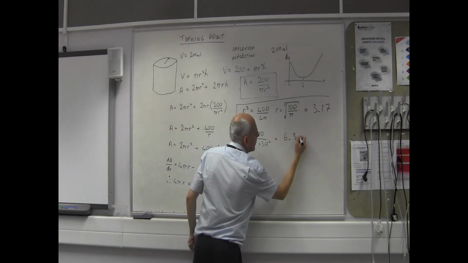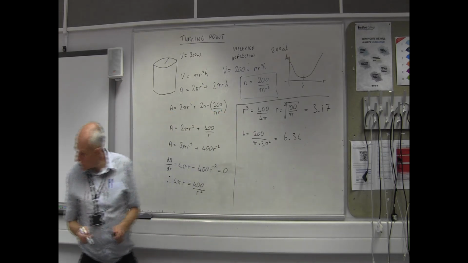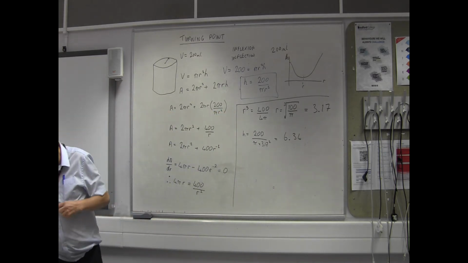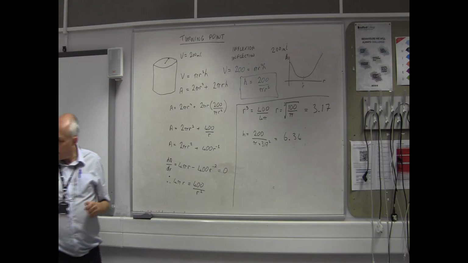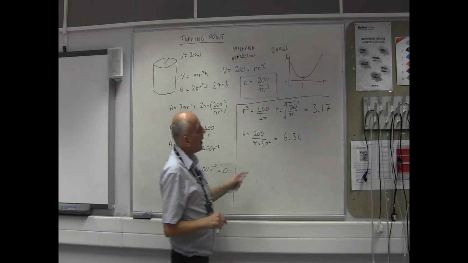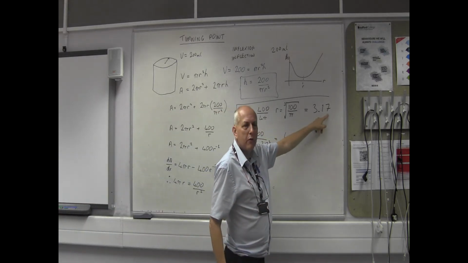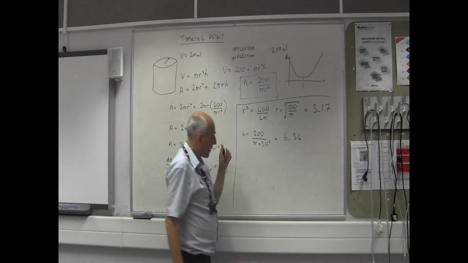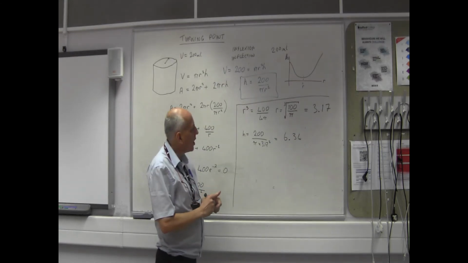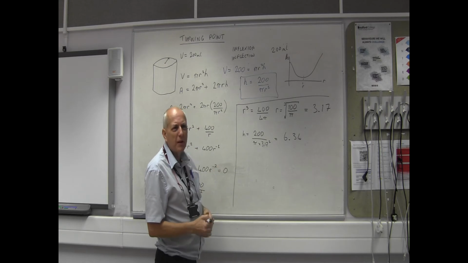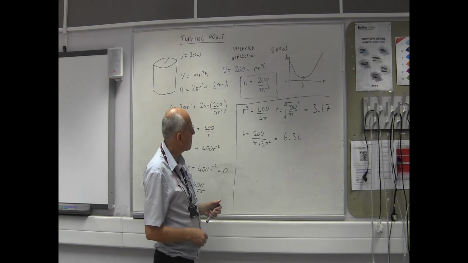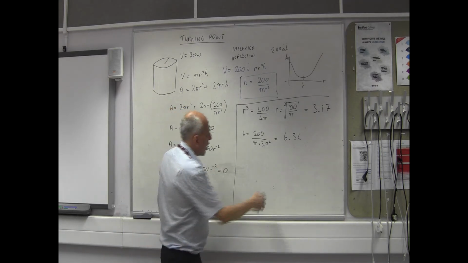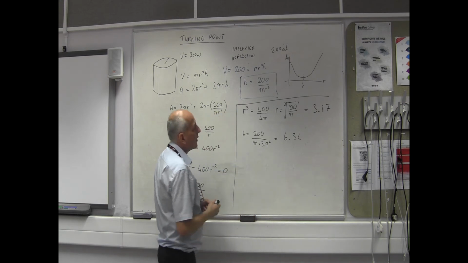Is that 3 or 5? It's 3, isn't it? 6.339 I got. I didn't round this. Not if you're using 2 decimal places. So, that is my height.